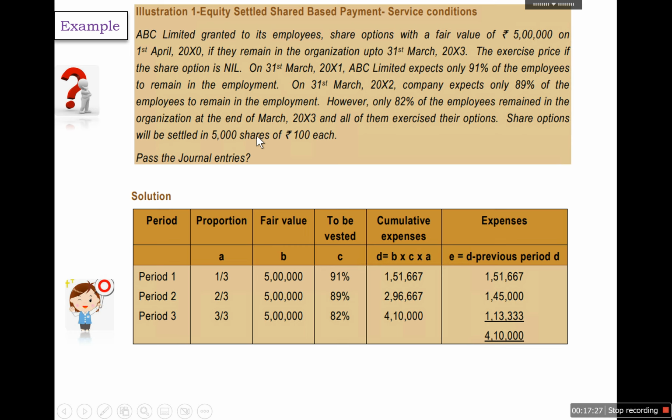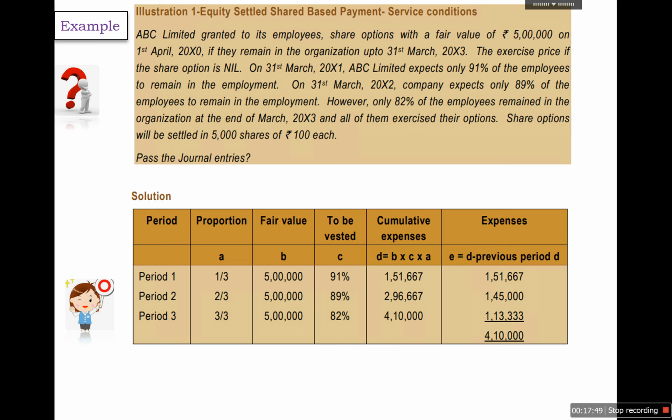So the vesting period in this case is 3 years, and the probability is also given. In the first year it is 91%, in the second year 89%, and in the third year 82%. The fair value is 5 lakhs.